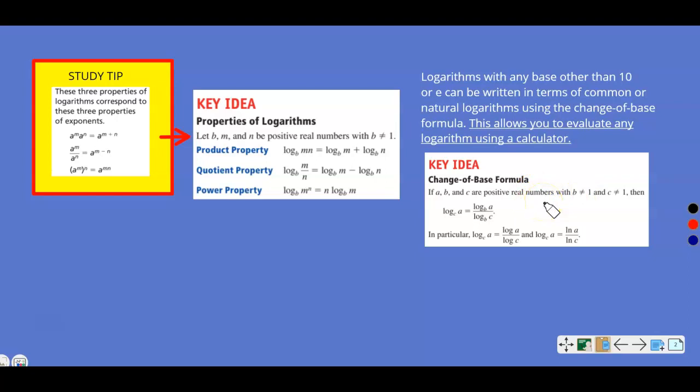You don't have to have a TI-84 to use the change of base formula. For some calculators, it doesn't have the log base button where you can actually put in different bases. So in that case, this would be very handy. But this is also one of the state standards, is you have to know the change of base formula. So regardless of what kind of calculator you have, this is an easy formula to learn.